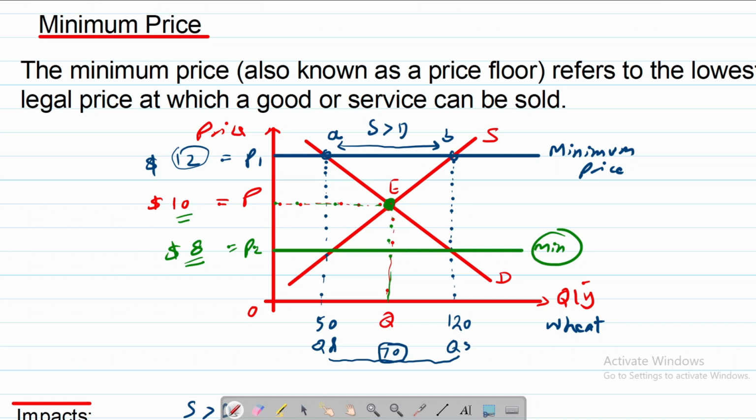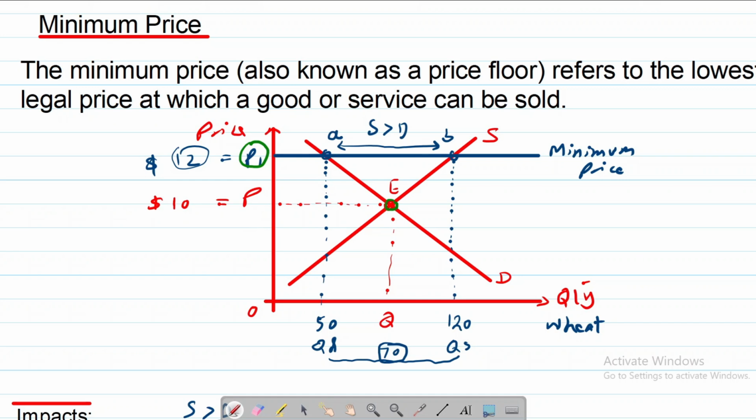And another really important thing that you must know is that generally the examiner asks in the examination papers, if the government has set minimum price above equilibrium at P1, and now the government wants to restore the initial equilibrium position, what changes should arise in price, quantity demanded and quantity supplied?